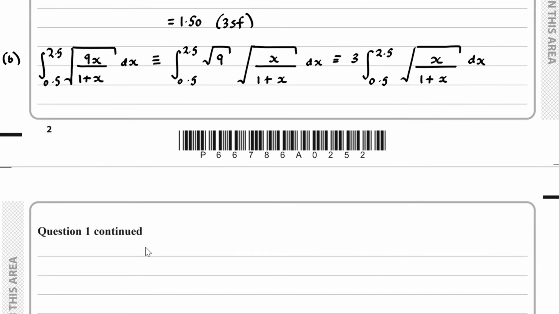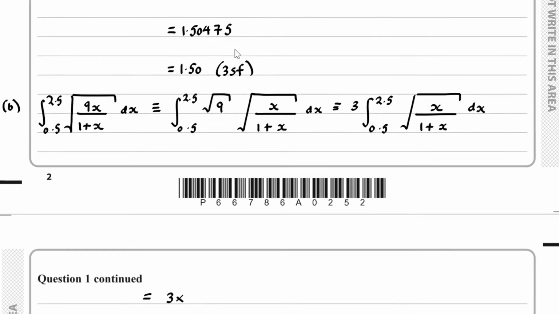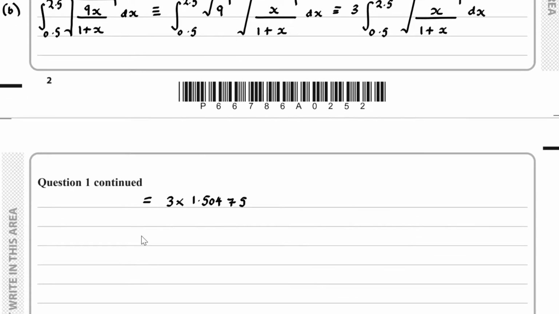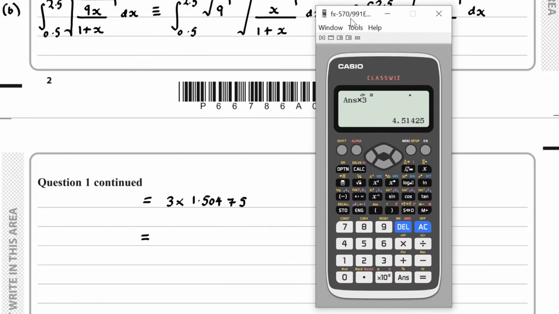So if we work this out, we have over here 3 times by, now I would like to use my answer which is not rounded, so I will use the 1.50475. So multiplying this by 3, it turns out we get over here 4.51425. And if I give this to three significant figures, we have 4.51 to three significant figures.